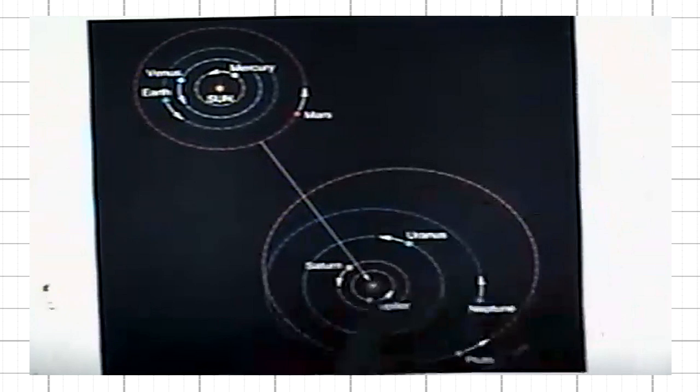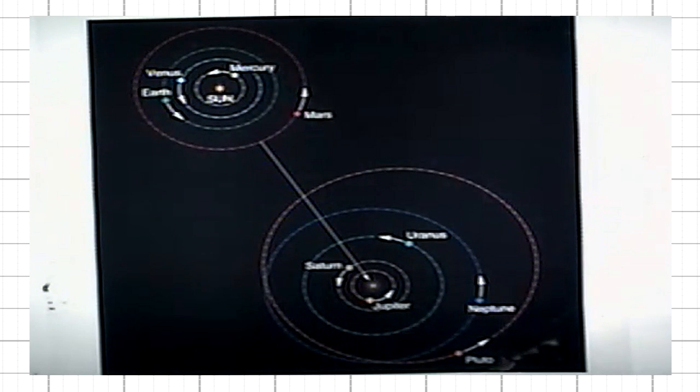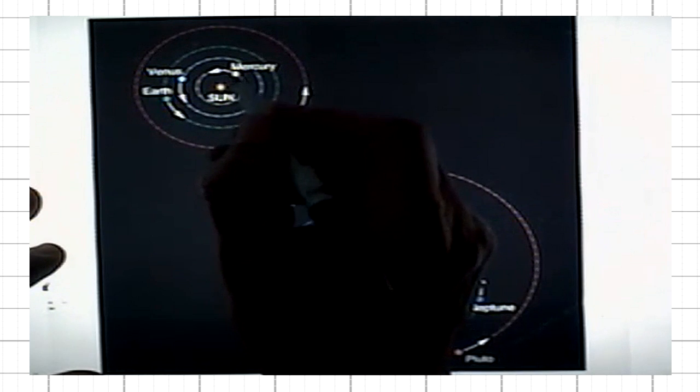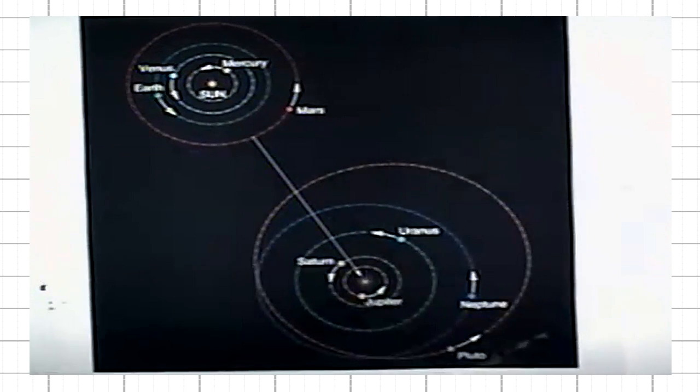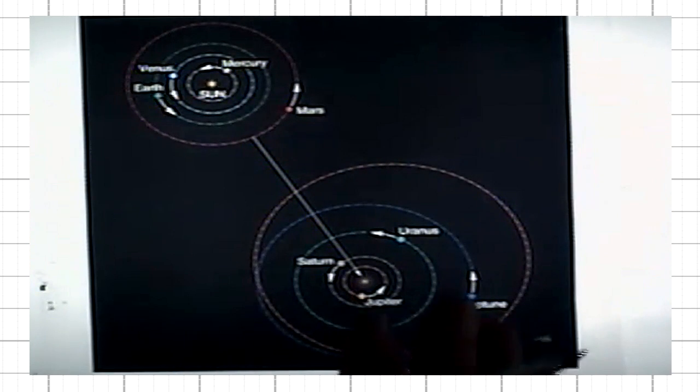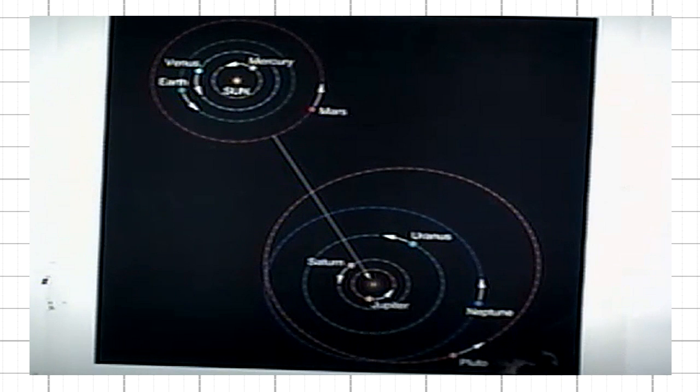They are actually slightly deformed circles by a few percent. The biggest deviation from a perfect circle, so-called eccentricity, is for planet Mercury, the one that is closest to the Sun. It is 21%. For all the other planets, it is less than 10%. For the Earth, it's 1.7%, less than 2%.